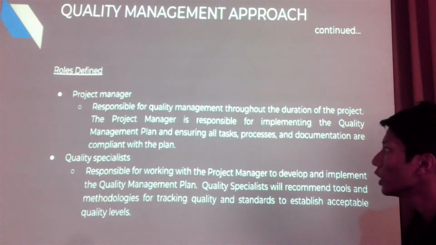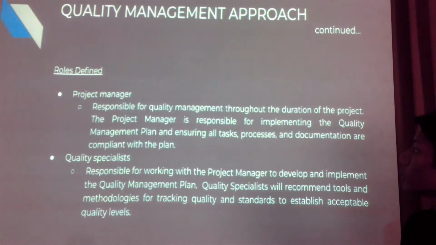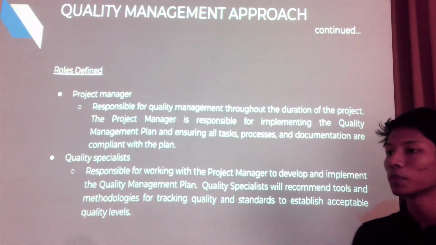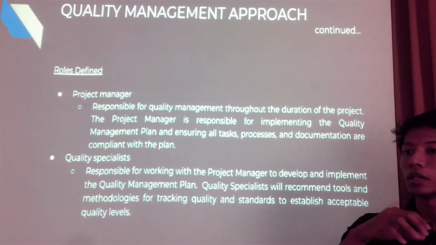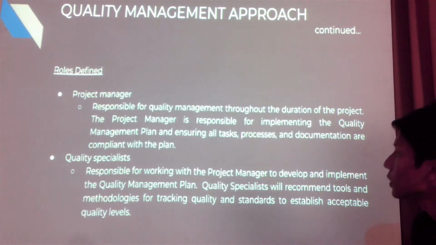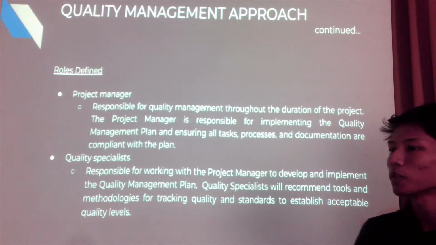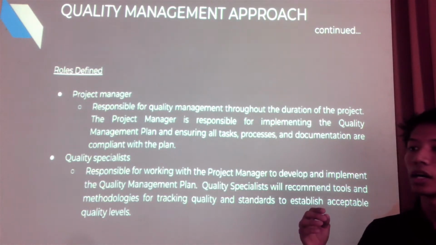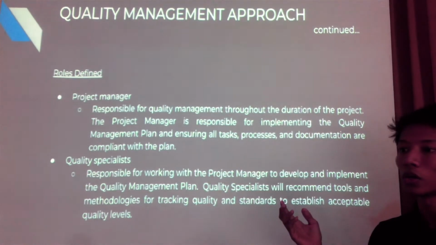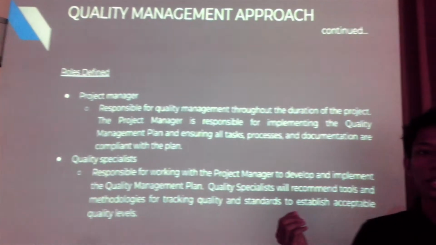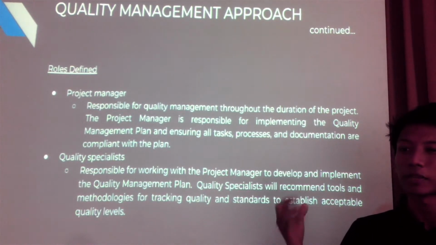The project manager is responsible for quality management throughout the project, which means the project manager needs to monitor from the start till the end of the module, and the quality specialist supports the project manager, helping when the project manager misses out something.